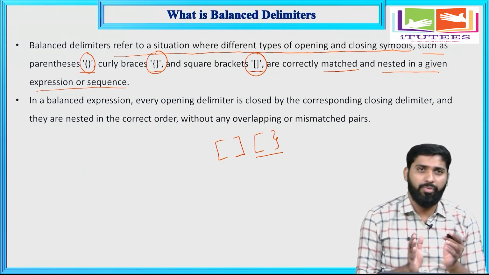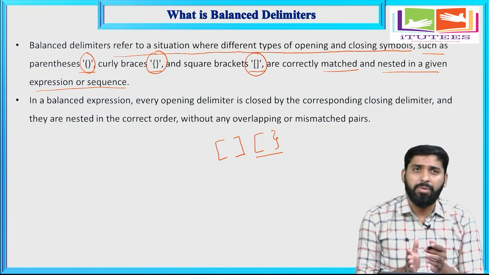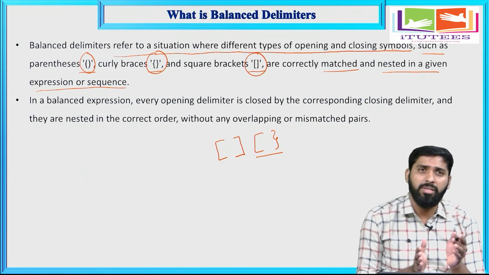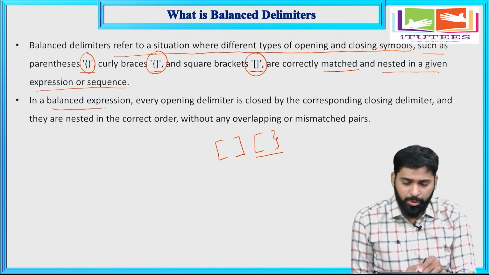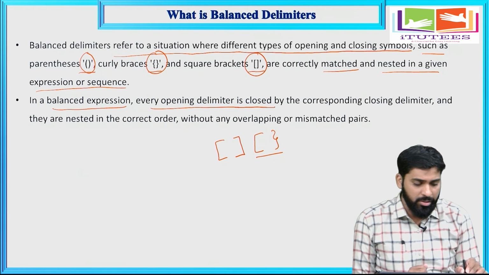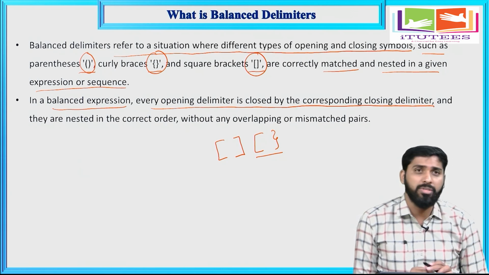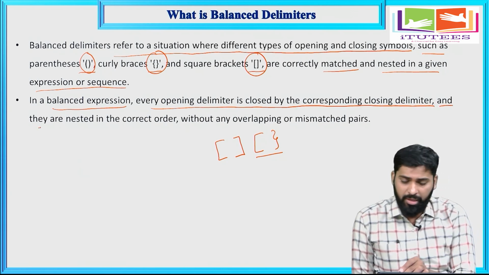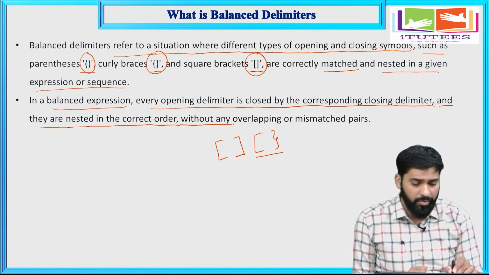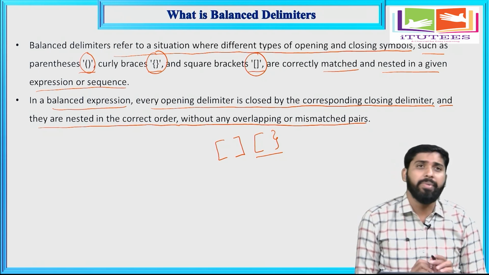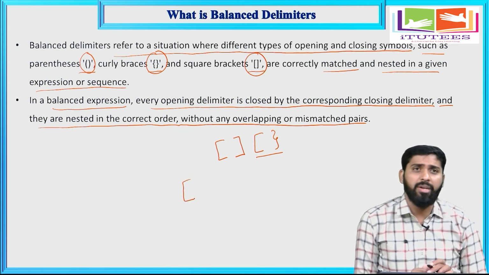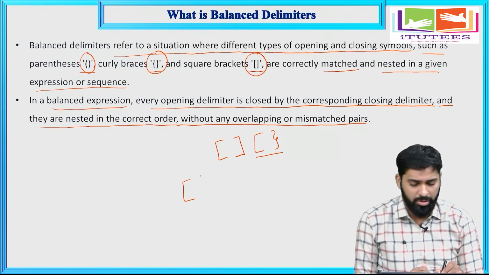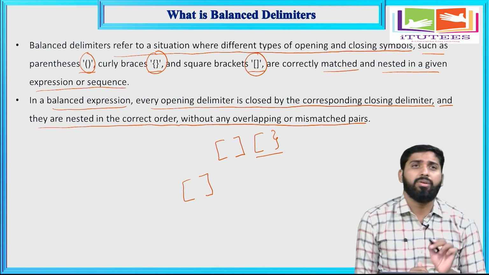If you open one square bracket, we must close that expression with the same closing square bracket. In a balanced expression every opening delimiter is closed by the corresponding closing delimiter, and they are nested in the correct order without any overlapping or mismatched pair. So if we open with a square bracket, it must be closed with a closing square bracket.